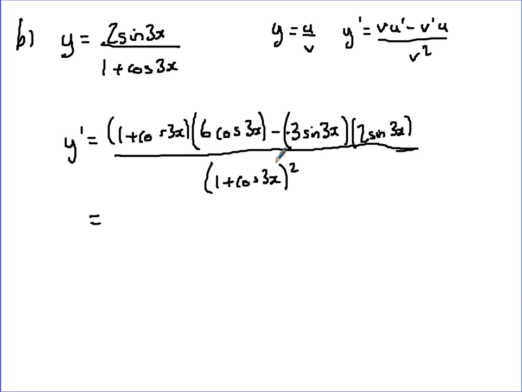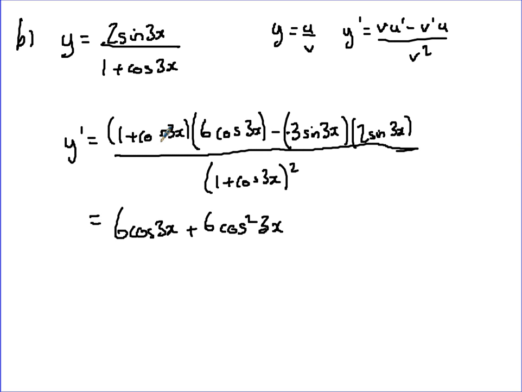So we're looking at this then, and well, what do we do? Well, first thing to do is start multiplying them out and see what we're left with. So we've got 6 cos 3x, 1 times that. Then this times this will give us plus 6 cos squared 3x.